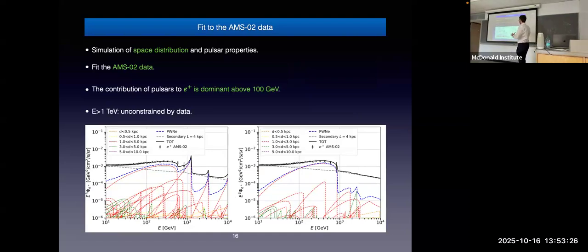In general, already from here, visually you can see that most of the positron production seems to be dominated either by one single source or by just a few. Of course you have a sea of contributions. Each line here is a single pulsar in your galaxy. But overall, you have just one or a few dominating sources doing most of the job.